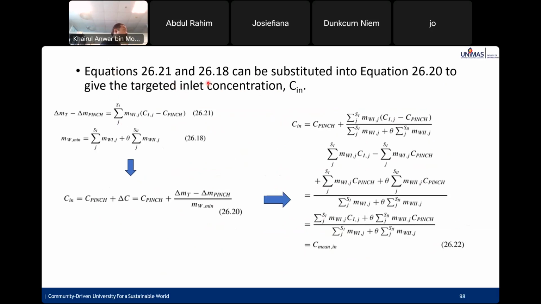Equations 26.21 and 26.18 can be substituted into equation 26.20 to give the targeted inlet concentration C in. So equation 26.21 plus 26.18 is plugged into 26.20, this is 26.20, so you get 26.22.